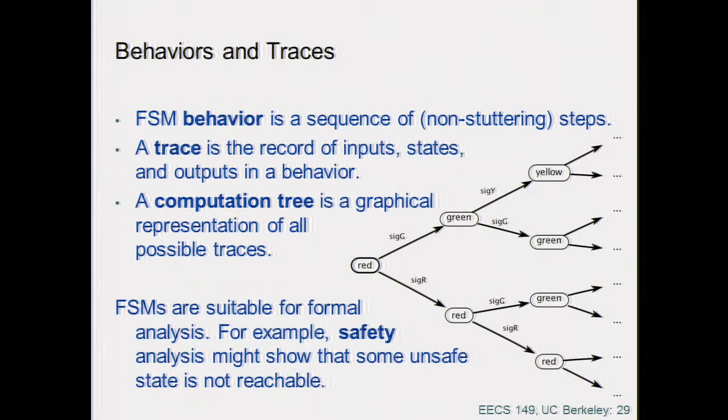Now, a computation tree is a graphical representation of all possible traces. So it's like you have a finite state machine and you flatten it out. For every possible input, you show where the next output is, and for every combination of input, you have to branch out. It has no loop, except for a final loop that comes back to the beginning, and it is infinitely bigger than the finite state machine. The finite state machine, if you think about it, is a very compact way of representing a set of behaviors.